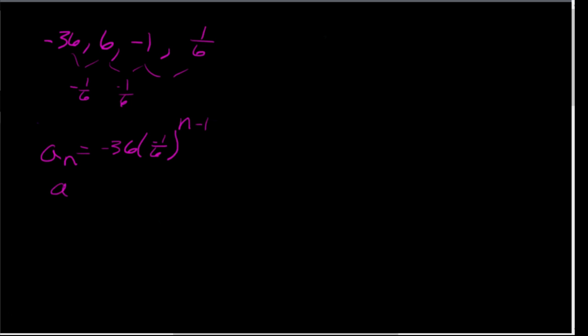So I would plug in a sub 5 is equal to negative 36 times negative 1/6 to the n minus 1, n is 5, so the 4th power. And if I do the math, I should get negative 1/36.